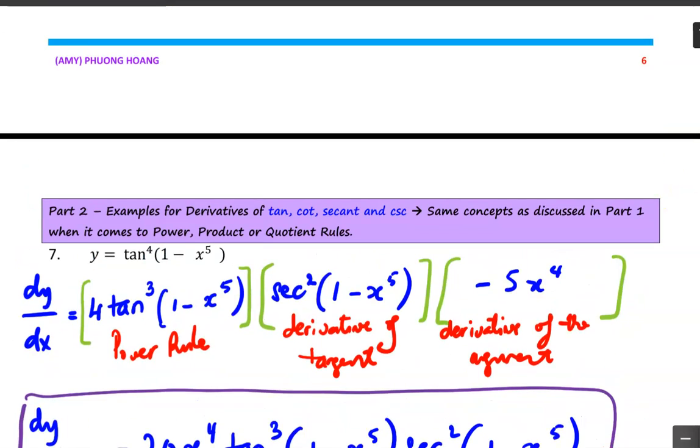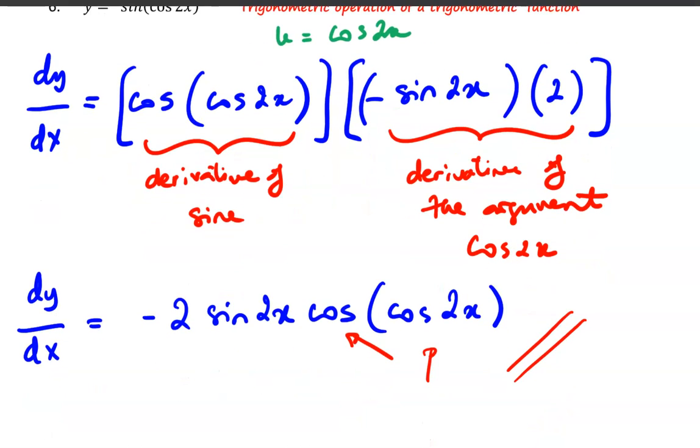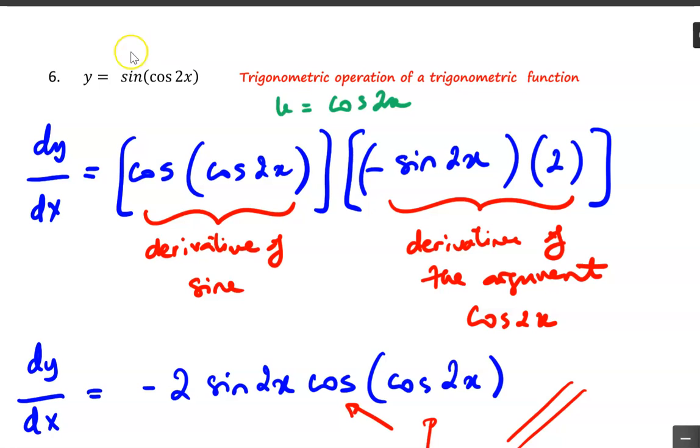So we did a few examples with this, and in the previous video we also did the derivative of cos and sine. In this question here I have a derivative of sine, but the argument of sine is actually another trigonometric function. I don't want you to get confused because of the 2 trigonometric functions involved in this case.